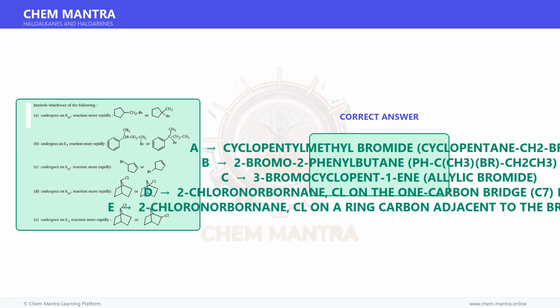Therefore, the correct matching is: A matches cyclopentylmethyl bromide, B matches 2-bromo-2-phenylbutane, C matches 3-bromocyclopent-1-ene, D matches chloronorbornane with Cl on the 1-carbon bridge, C7, position, E matches chloronorbornane with Cl on a ring carbon adjacent to the bridgehead, C2.